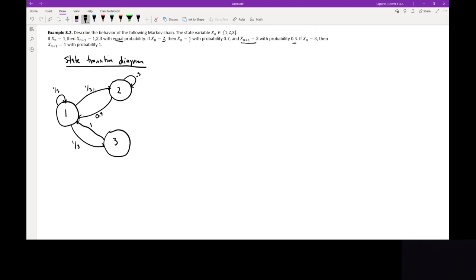This state transition diagram will lead to our state transition matrix.